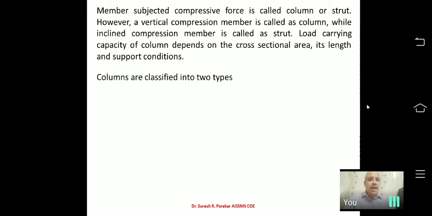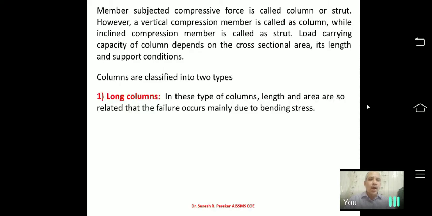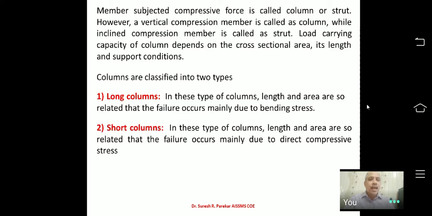Now columns are again classified into two types considering their length: one long column and second short column. Length and area are so related that failure occurs mainly due to bending stress. In a long column we have failure due to bending stress, and in a short column it is due to compressive stress.